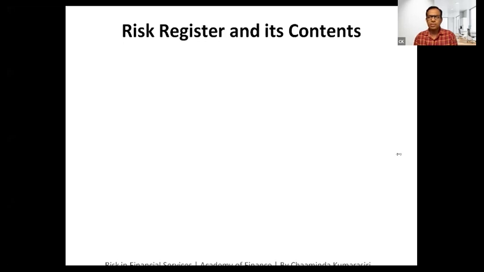It's just that the organization uses this as a tool to capture the risk, right? You capture the risk and different aspects of those risks. Now, in this book, they have identified, based on what is mostly practiced, the common things that you generally have in a register.